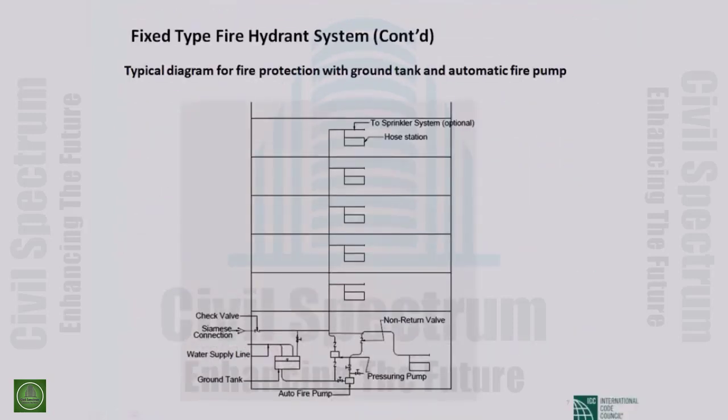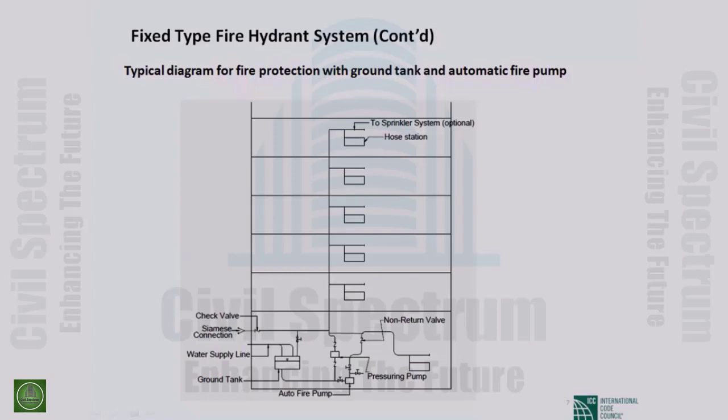So now you can see a typical diagram of a hydrant system with a ground water tank. Because you have to deliver your water to different heights or different stories of the building at different levels, to pressurize the water you need a pump.